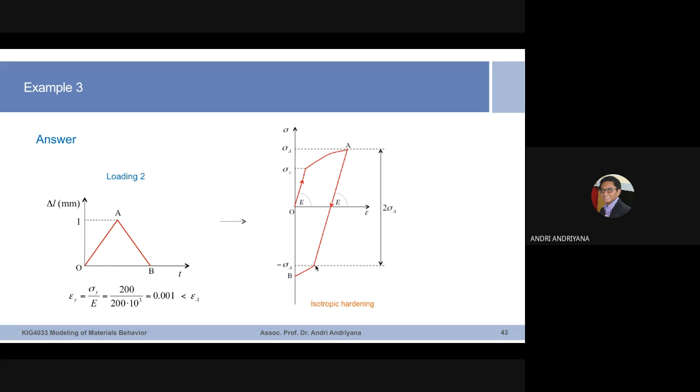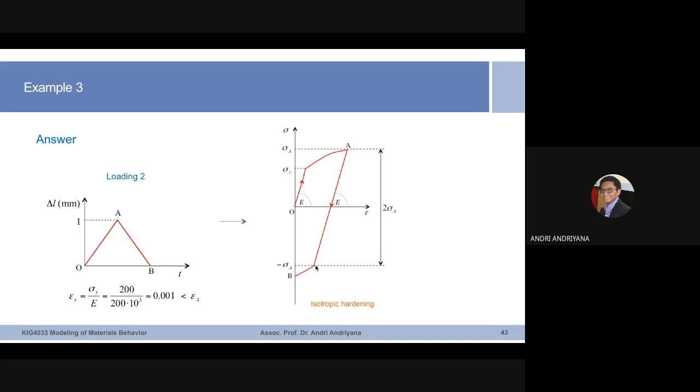Okay, so now the materials will change its properties. The yield strength will evolve from sigma y to become sigma A in tensile to become minus sigma A in compressions. Okay, this is how we modify the properties of materials, the strength of materials, which is by, in this example, strain hardening.